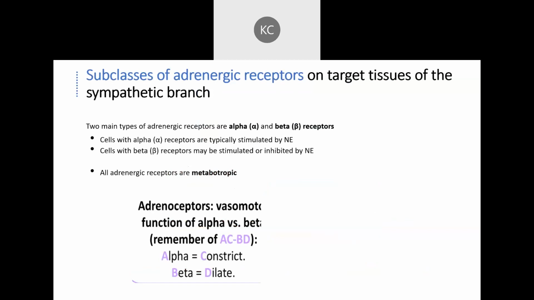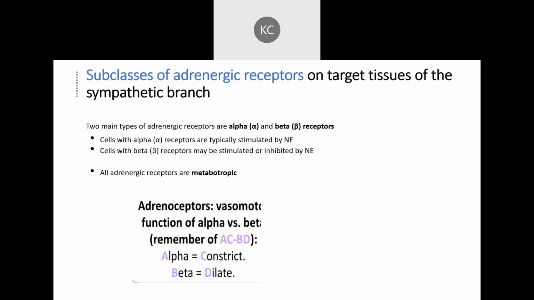All right. So with these alpha and beta, you have kind of subtypes. You have subtypes of alpha and subtypes of beta, right? And we'll look at some of these. These are sometimes called alpha 1, alpha 2, beta 1, beta 2, beta 3, and so on.